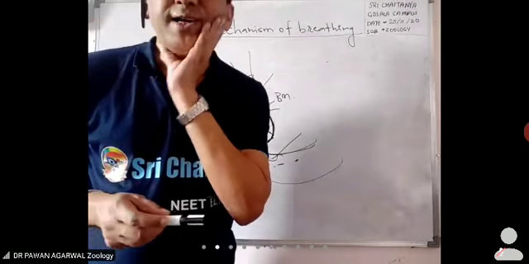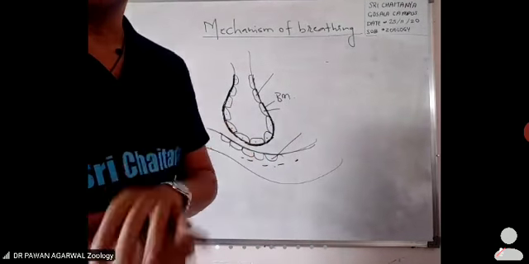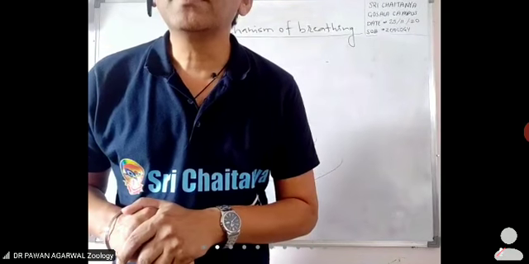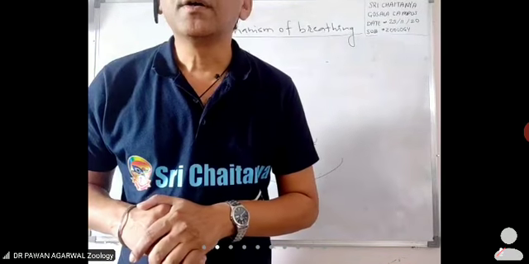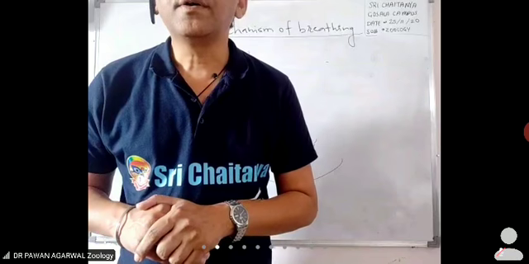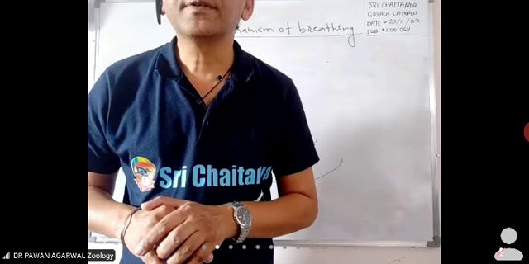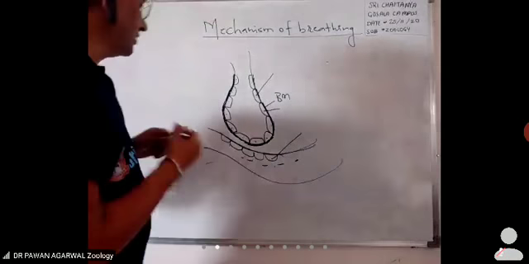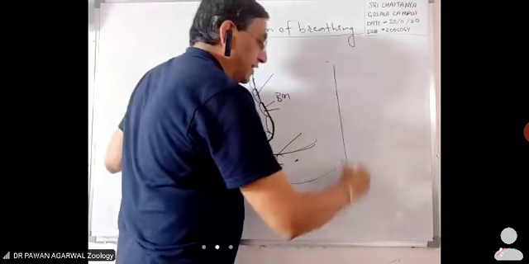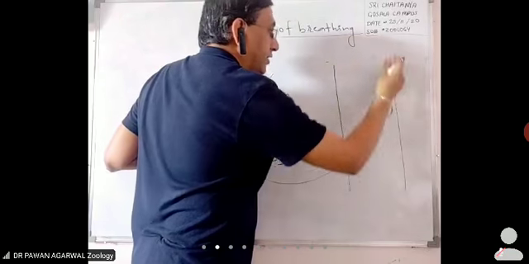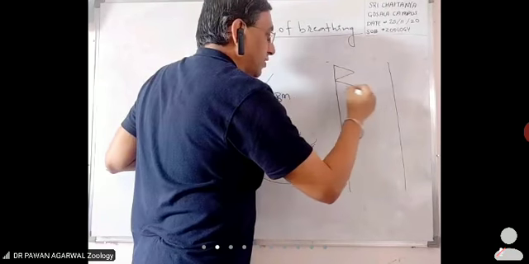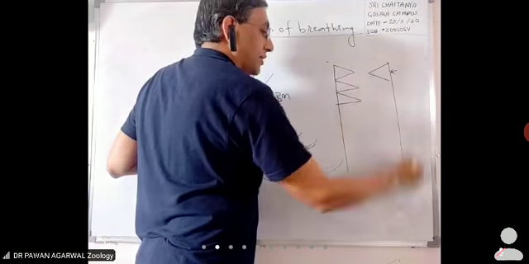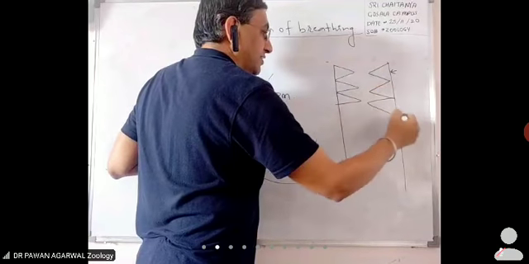Yes. Anything else? Yes, the conchae. This is the nasal cavity, and on the lateral wall, on the posterior side of the nasal cavity, this is the anterior and this is the posterior of the nasal cavity.